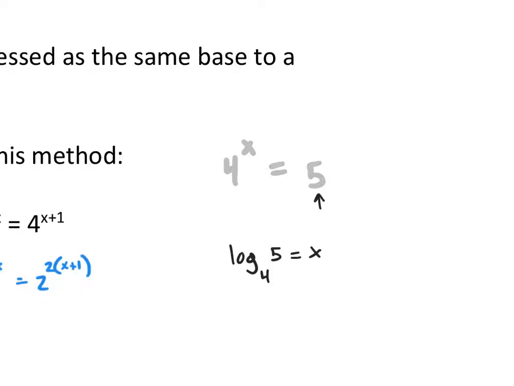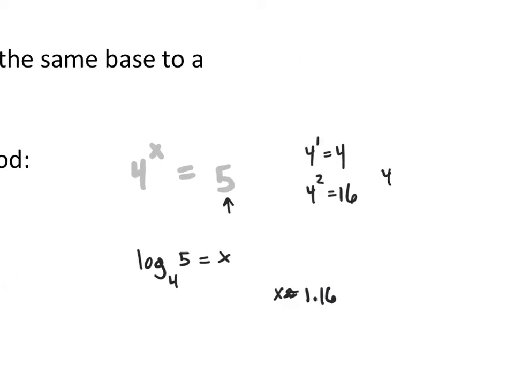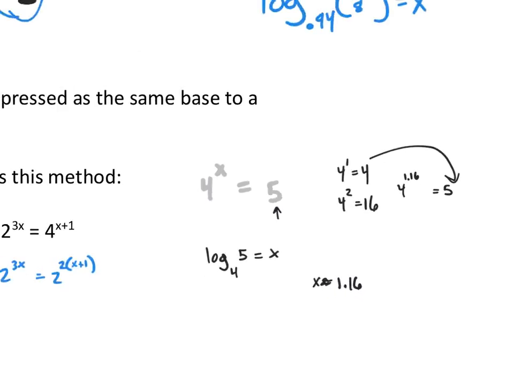And when we do that, we would get x is equal to approximately 1.16, which should make sense because 4 to the first power is 4. 4 squared is 16. So if I needed 4 to some power to equal a 5, 5 is very close to 4, which is why this exponent is very close to 1.